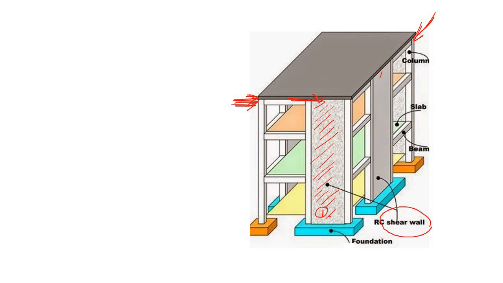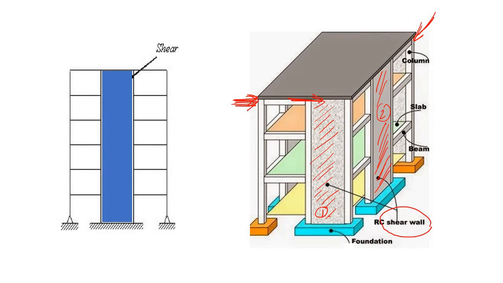In that case, shear wall number 2 is going to carry this lateral load. The same is applicable for earthquake also. So this is the basic concept of a shear wall. If we have any lateral load, it carries this load by the action of shear to the foundation.